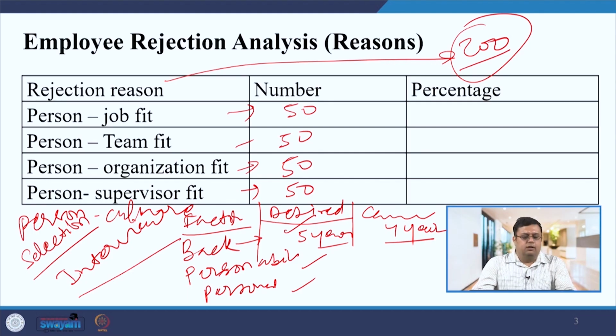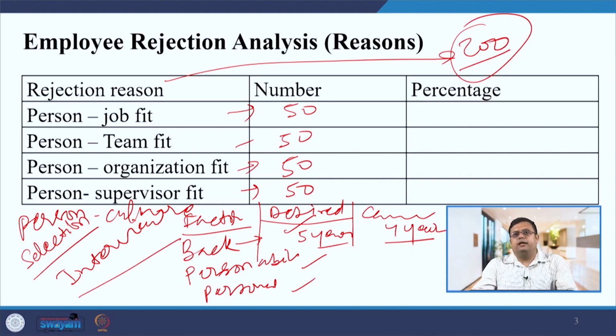So if there is a cost involved in bringing candidates from that source, you can think of not investing time and money in that particular source when you are rejecting most of the candidates appearing in the interview from it. That is one thing you can decide after doing this rejection analysis.